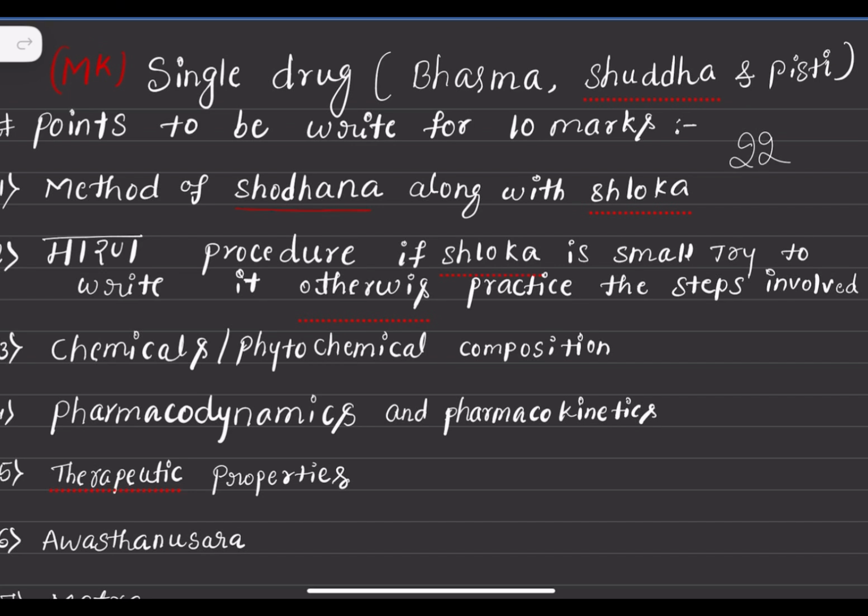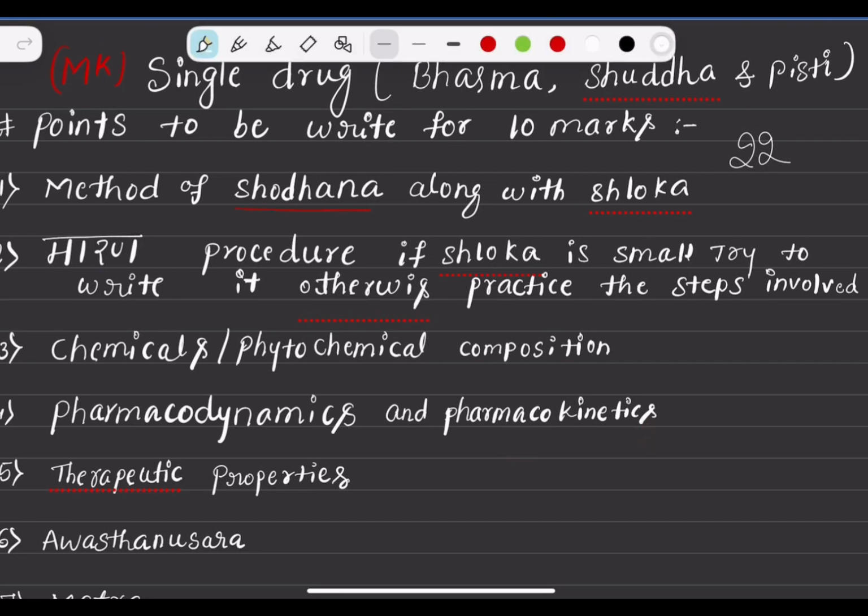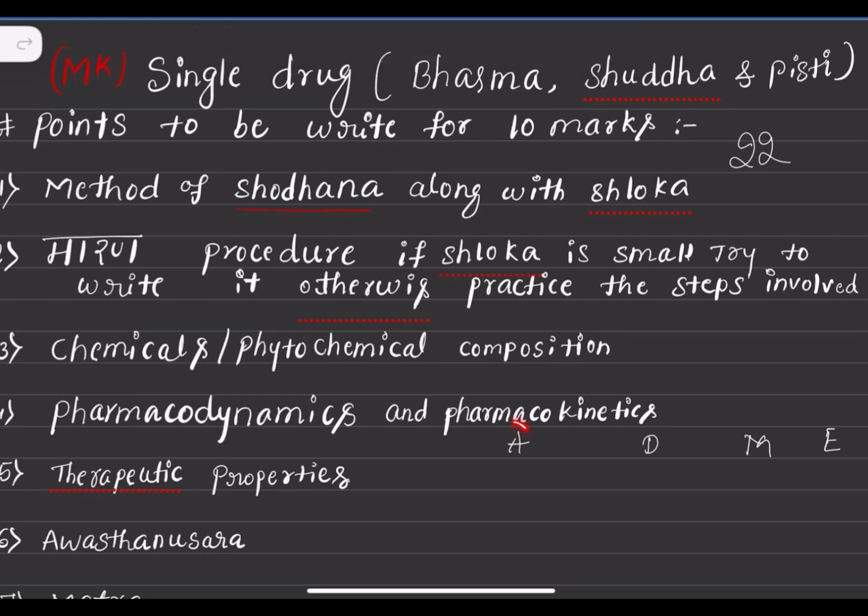For pharmacokinetics, it is simple for all the bhasmas. The same pattern is followed, that is A, D, M, E. What is A for? It is absorption, distribution, metabolism and excretion.